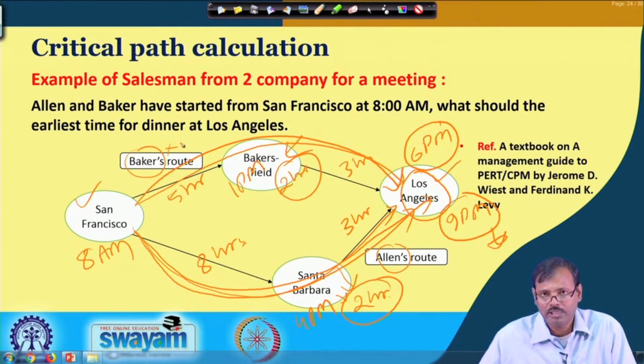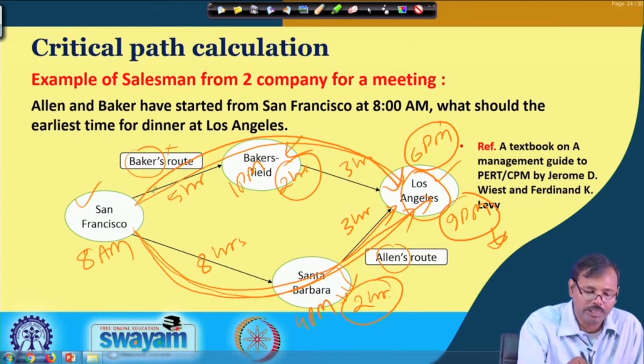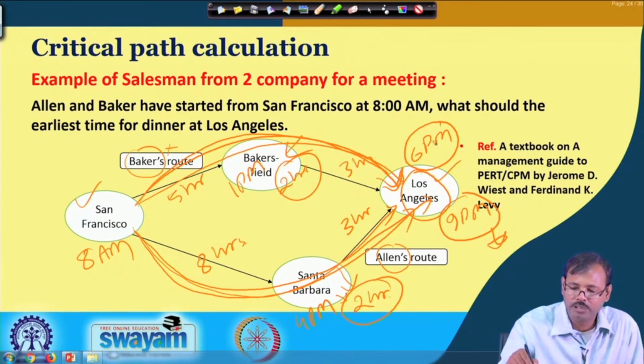So, Allen's path is the critical path which gives us the minimum time for the completion of the job if everything is well, but it also allows slack to the other paths.